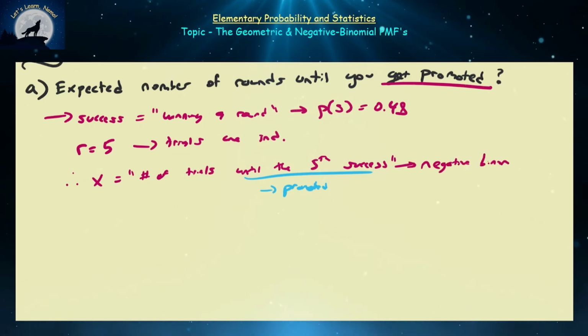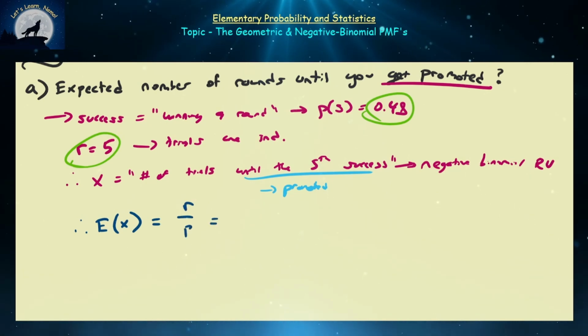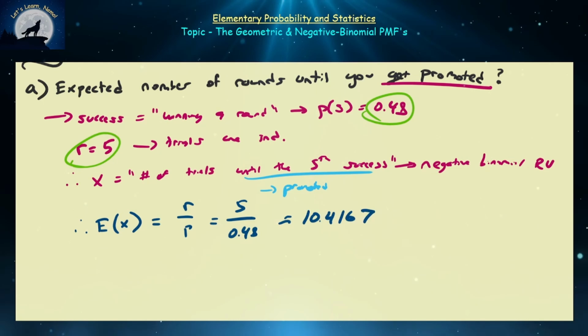Since it's a negative binomial random variable with p equal to 48% and r equal to 5, we have a very special formula that can give us the answer immediately. So this is r over p, which is going to be equal to 5 divided by 0.48, which will be approximately equal to 10.4167.